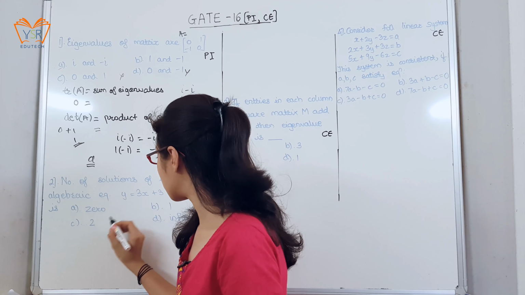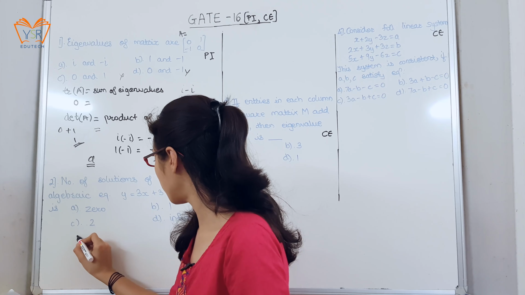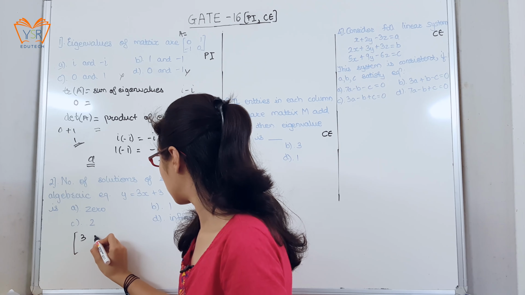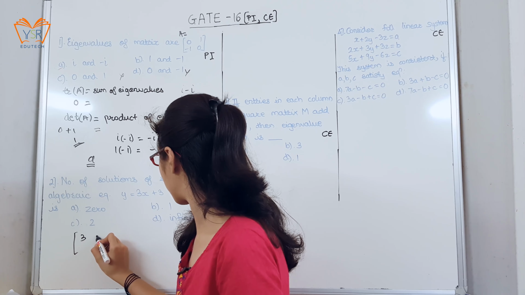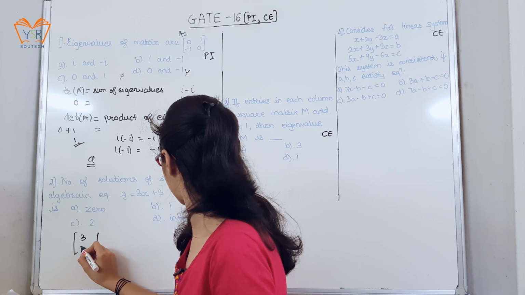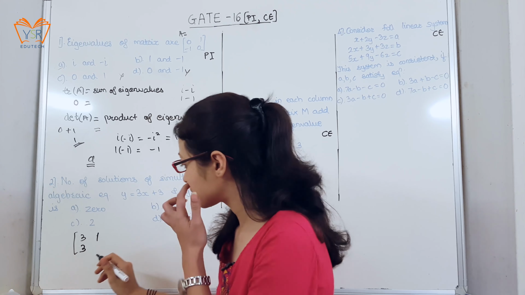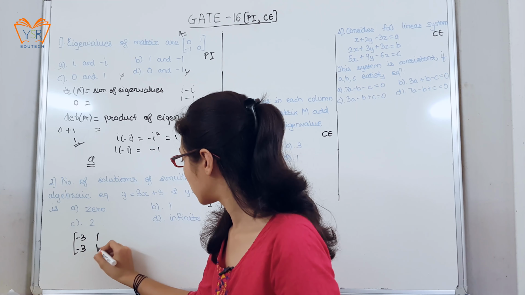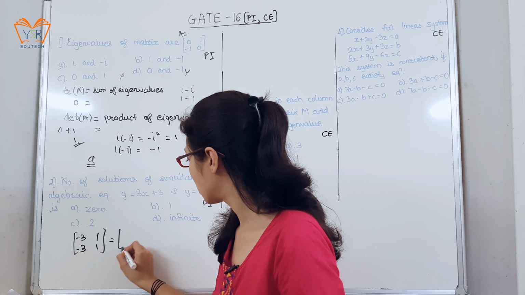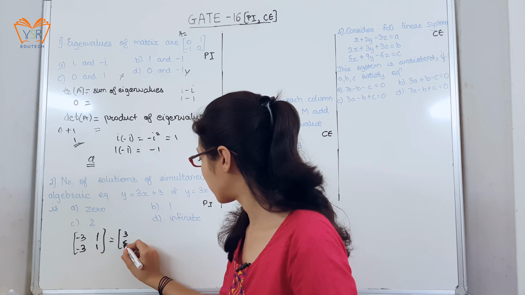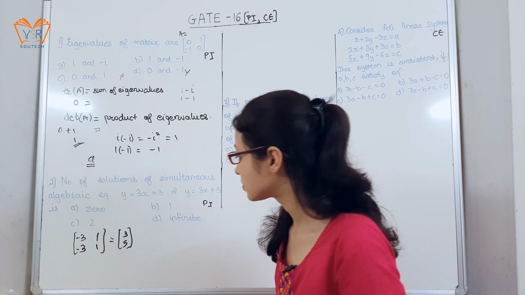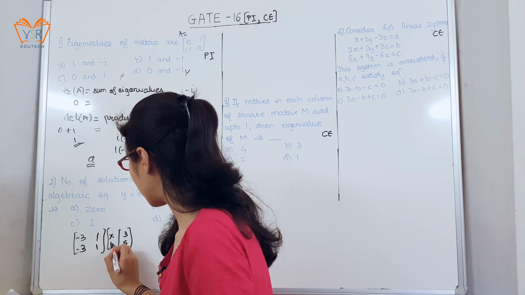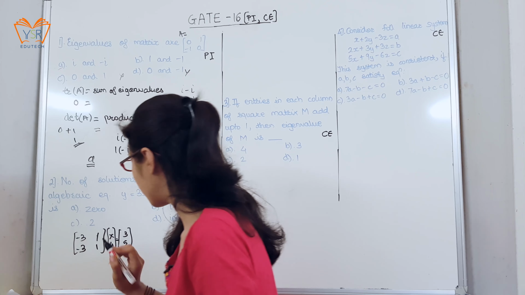So the first equation, let us write in this form: 3, minus 1, times x, y is equal to minus 3 and 5.